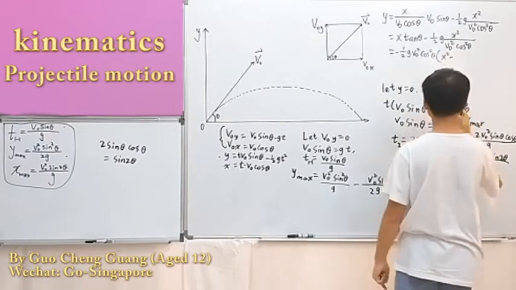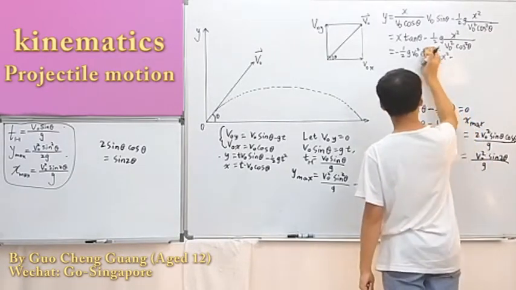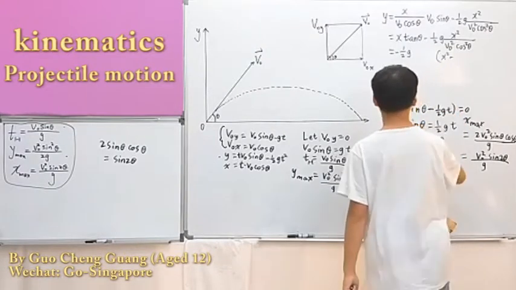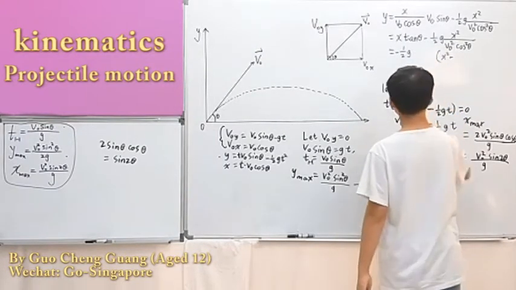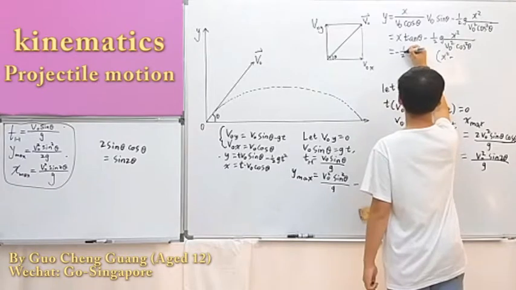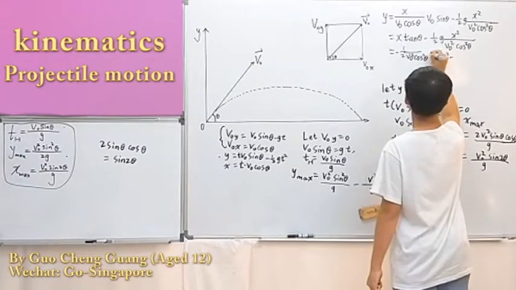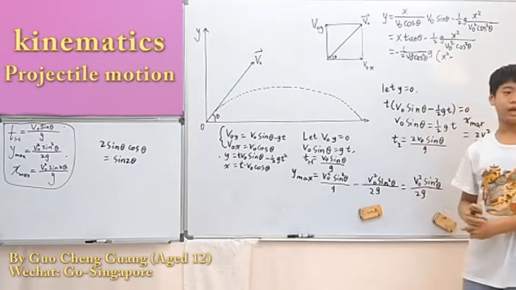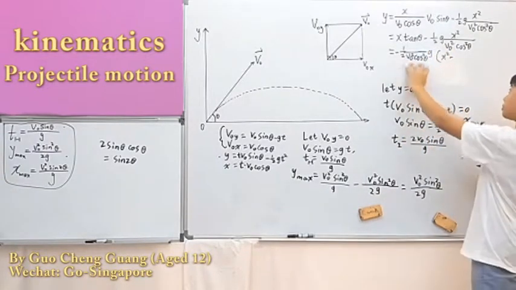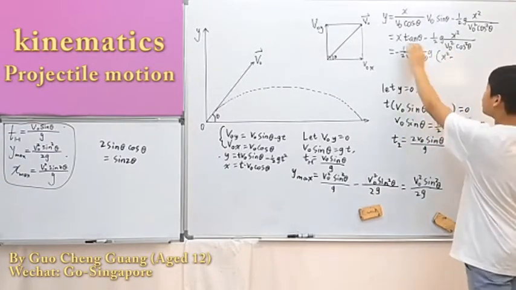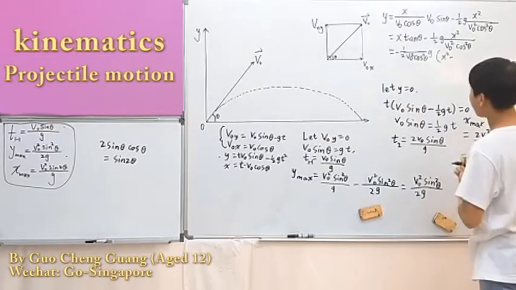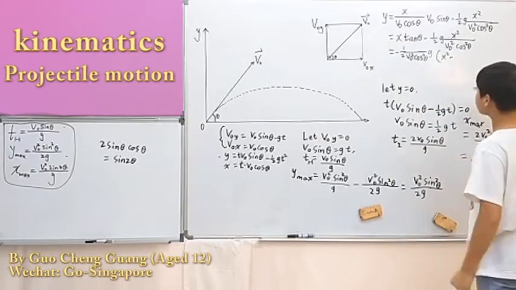And wait a second, this is actually divided by this whole thing. So just to put it simply, you write it like this. This part is what you took out.